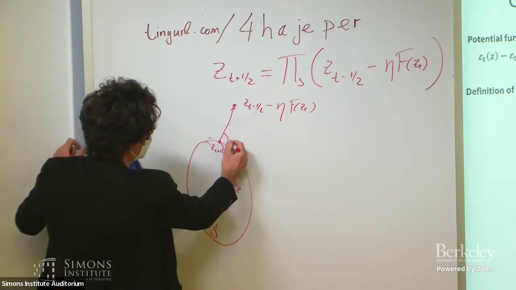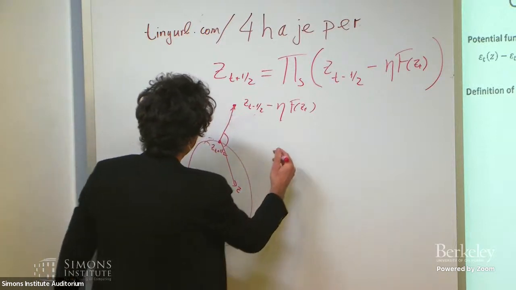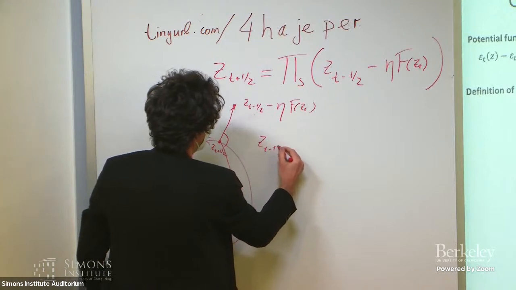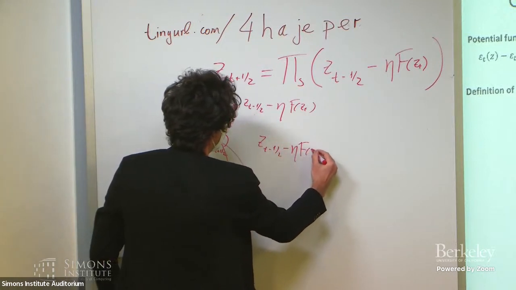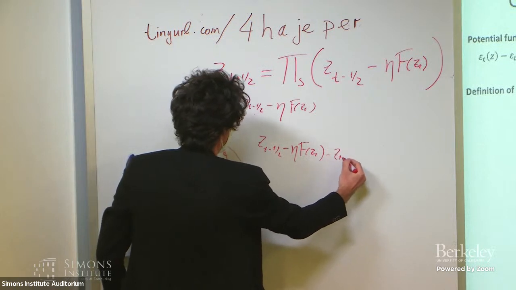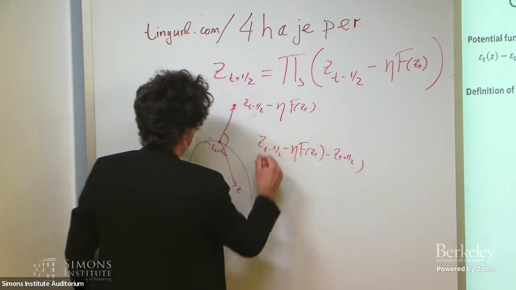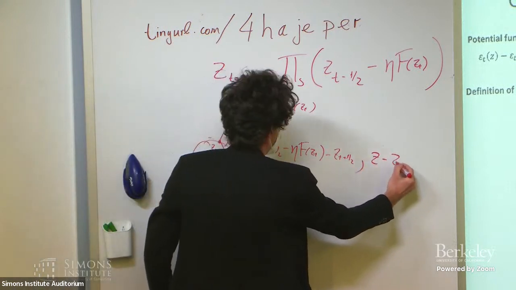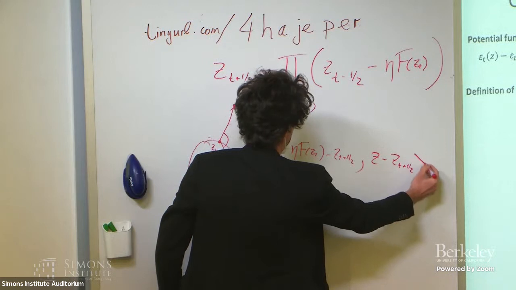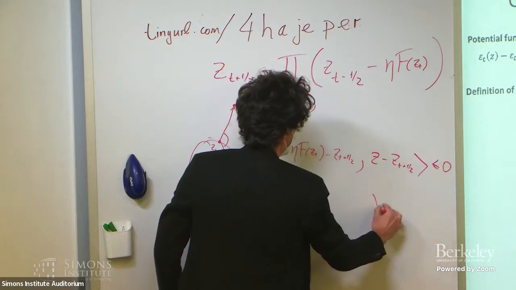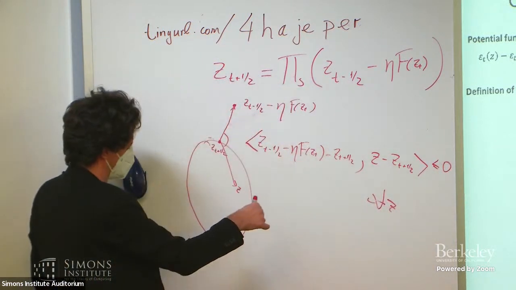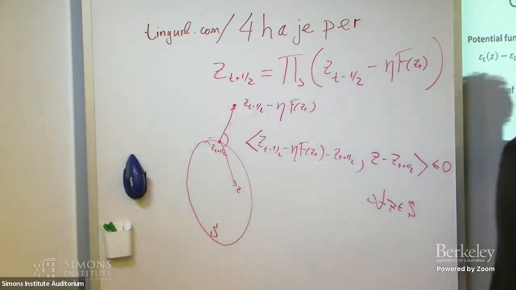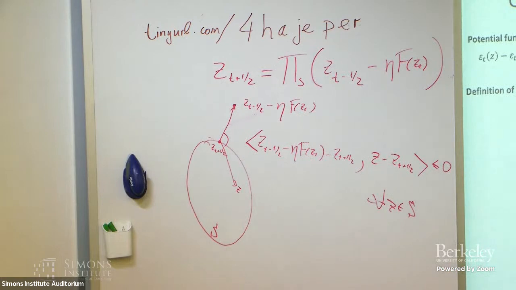This angle here is obtuse, which means that the inner product of this minus that is negative for any z that you chose inside the domain. If you rearrange that, I promise you will get this one. So you got that.